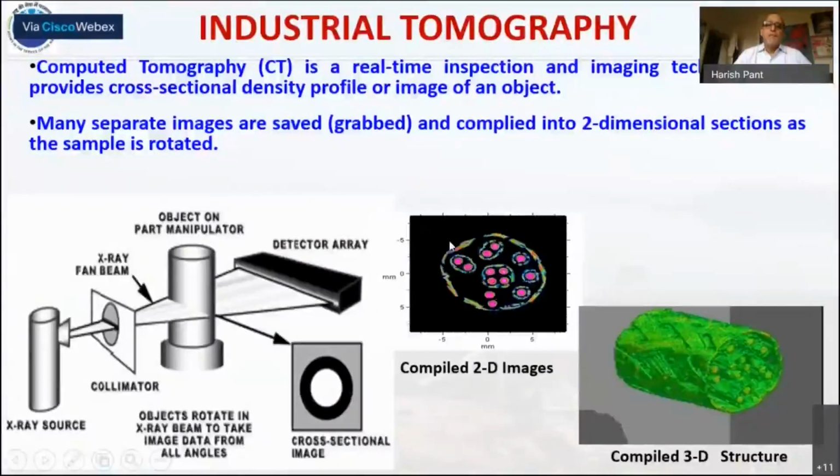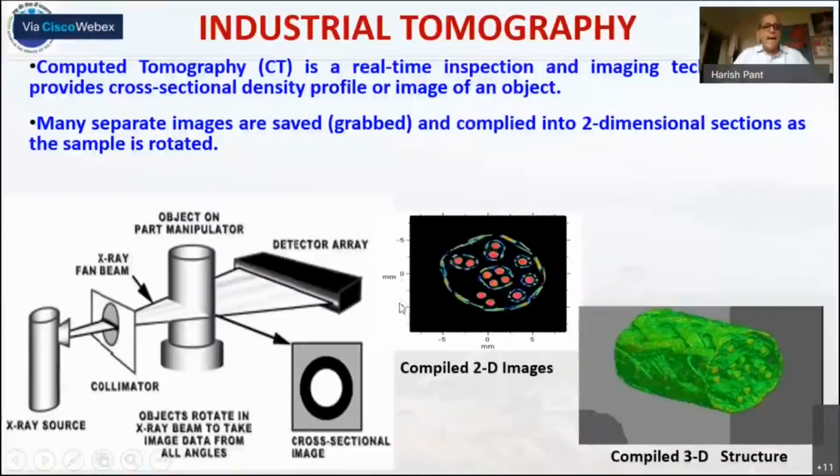So this is a two-dimensional cross-sectional density profile of the object. And here the detector is an array of detectors, and the manipulator rotates like this, and one can scan the entire object and then construct this image.